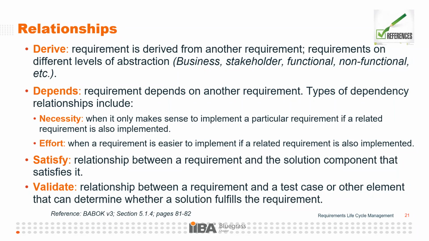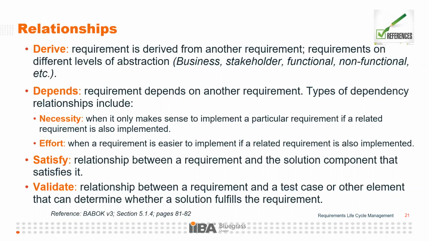The types of dependency relationships include necessity, when it only makes sense to implement a particular requirement if a related requirement is also implemented. Or it could be that a requirement is easier to implement if a related requirement is also implemented, so it reduces the level of effort.